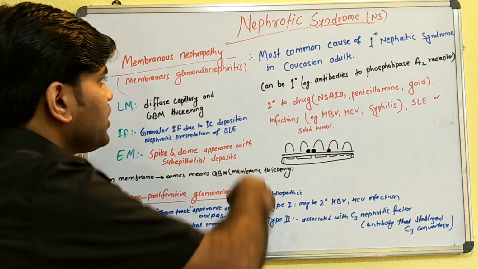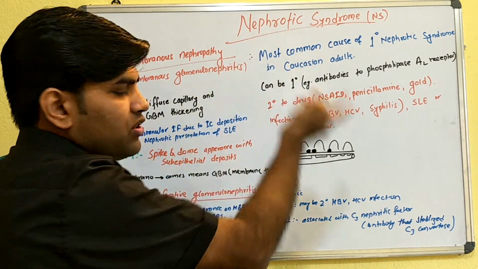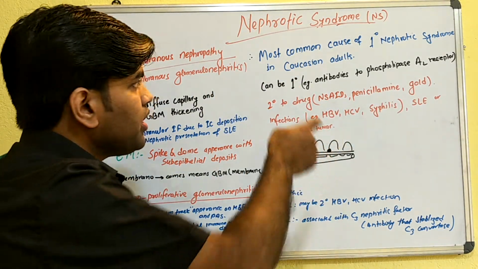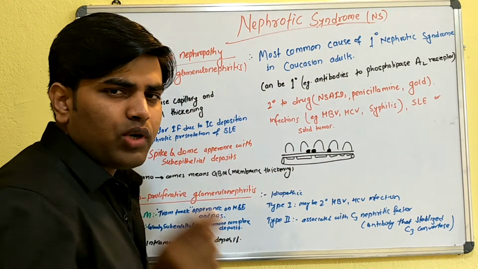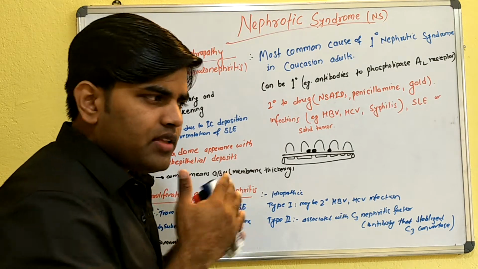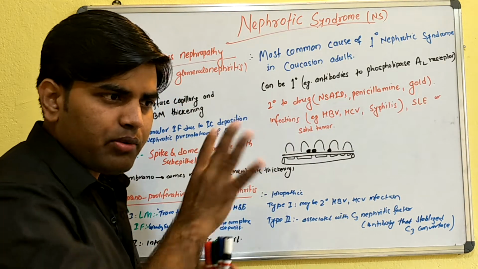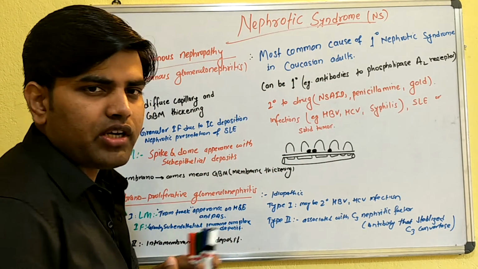Likewise, minimal change disease is common in children, focal segmental glomerulosclerosis is common in African Americans, and membranous nephropathy is common in Caucasian adults. Why is this ethnic group and age group important? Because in a case scenario, when a question is built up, they will mention a Caucasian adult, an African American, or a child.